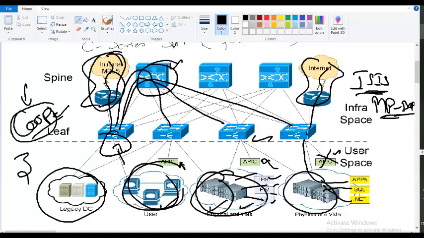Now, when you talk about leaf or spine, both are Nexus 9000 series switches. When you take Nexus 9000, it comes in two modes, ACI mode as well as NX mode, Nexus mode. So we have the 9500 series and the 9300 series. Mostly all spines are 9500 series and all leaves are 9300 series.